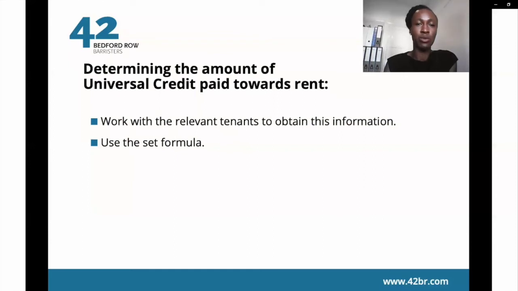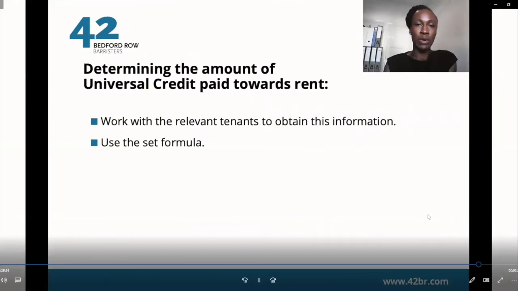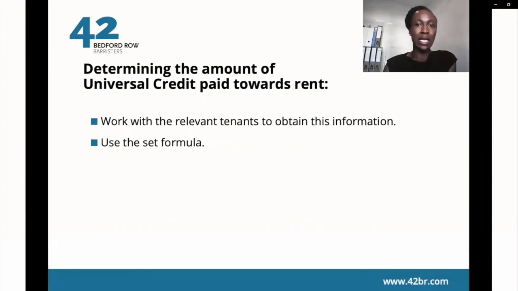Ask them to obtain the information for you and request that information from the other various departments if they should need to do that. Once you have that information, there is a set formula that must be used when calculating how much rent should be repaid to either the tenant or yourselves.